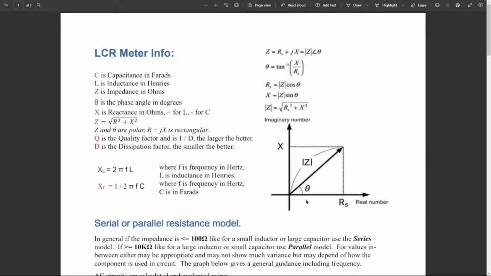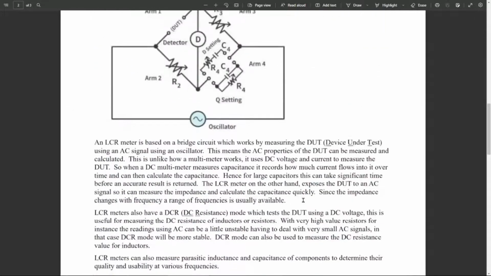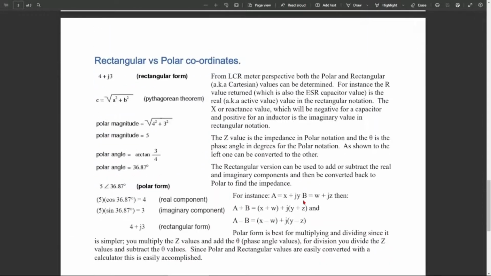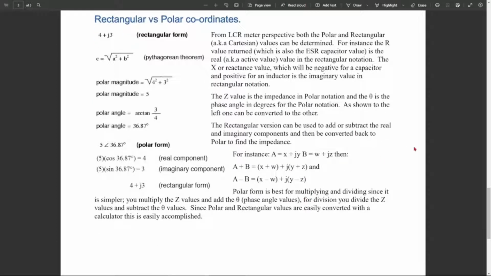This is related to trigonometry and mathematical concepts, which brings us to discuss it over here: rectangular versus polar coordinates.